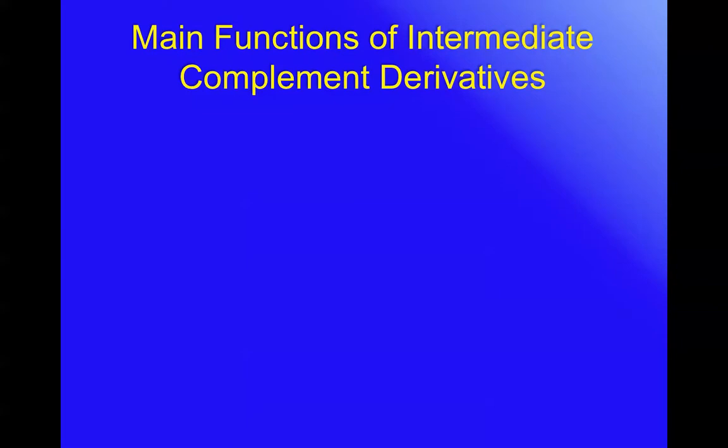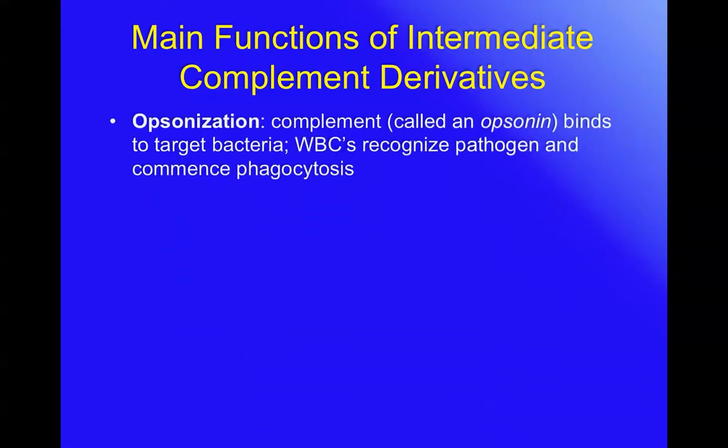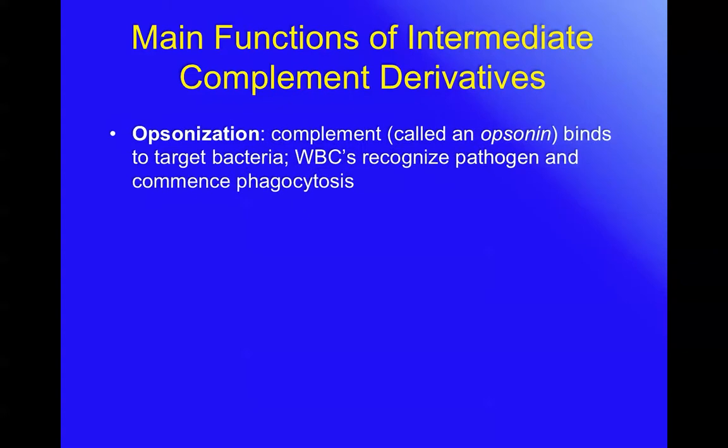These intermediate complement derivatives have three main functions, as shown in the previous slide. First is opsonization. Complement fragments called opsonins bind to target bacteria. This allows the white blood cells to recognize them as pathogens, so that they become engulfed in the process of phagocytosis.